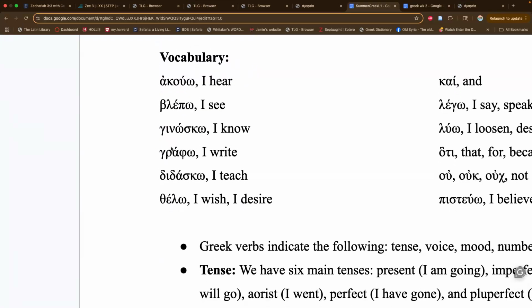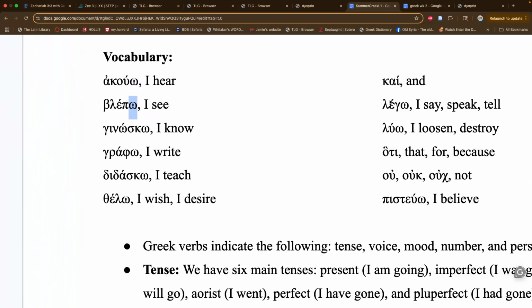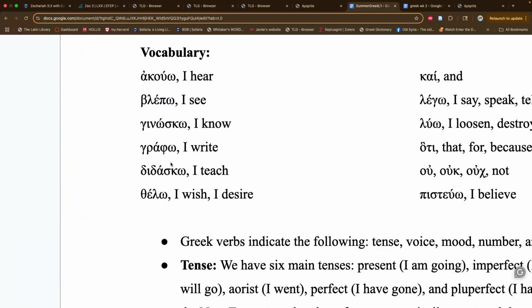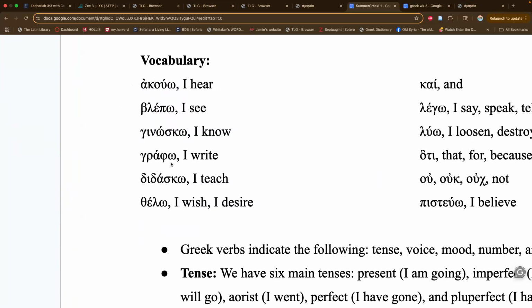We have the omega at the end of each of these, I believe for almost all of them, because these are verbs. Oh, sorry, gnosko. Yeah, so gnosko.